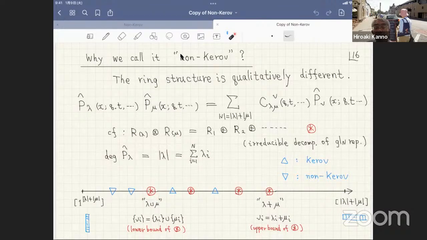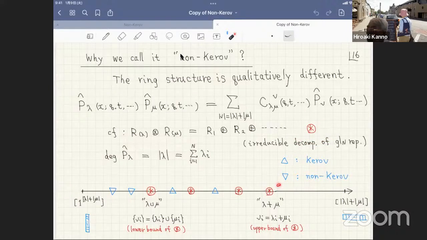And by Kellogg deformation, we have some additional non-vanishing coefficients, but they appear in this range, which is allowed by the property of representation theory.